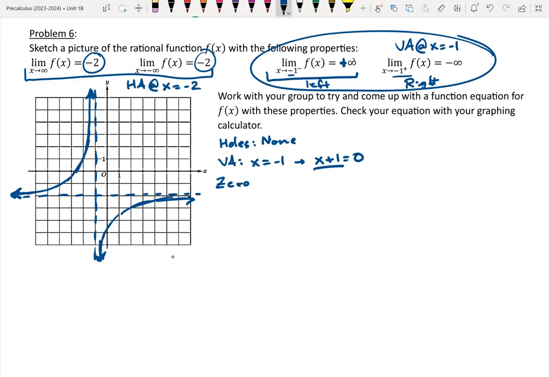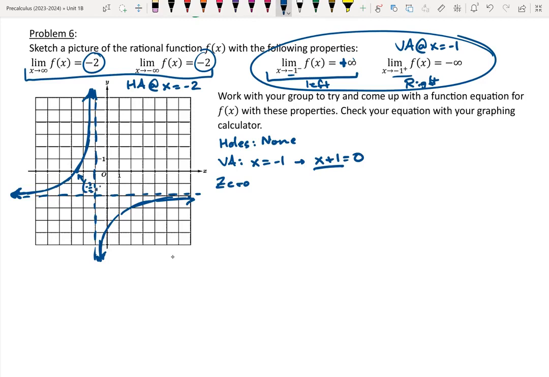Zeros, since I'm going to positive infinity here, I had to cross the x-axis. You know, I'm alongside -2 here, so I had to cross the x-axis. Now, I could have made this a little bit cleaner, but it looks like I'm crossing pretty much at the x value of -1.5, or -3 halves.